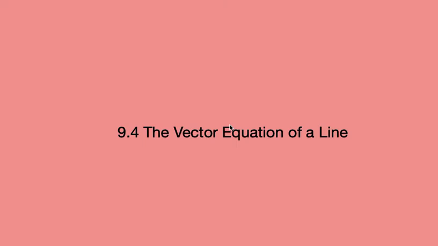Okay, today we're going to be looking at the vector equation of the line. You're very familiar with the equation y equals mx plus c as the general equation of a line in 2 dimensions. Now we can rearrange this as y minus mx equals c, and we can further generalize this by calling it ax plus by equals c.